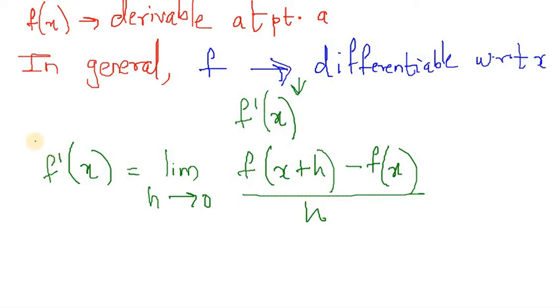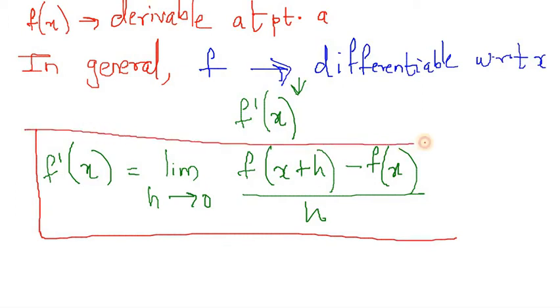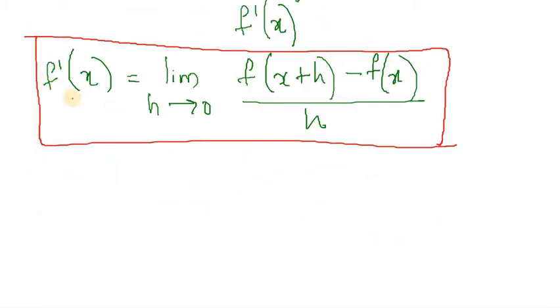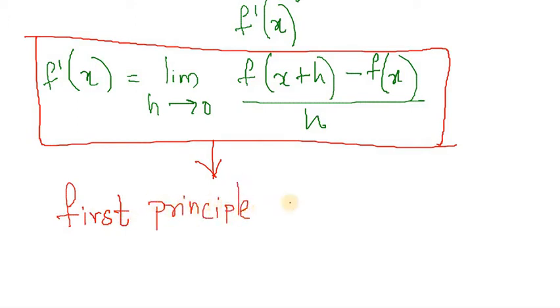I repeat, in general I can say that f dash of x equals to limit h tending to 0, f of x plus h minus f of x upon h. What is f dash of x? That is derivative of f of x. This is known as first principle of derivatives.